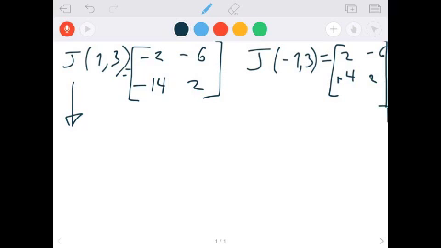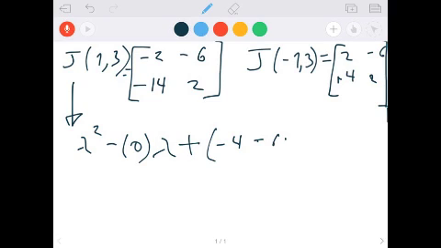You would just get lambda squared minus the trace of the matrix, which is just the diagonals added together. So minus 2 plus 2, that's 0 times lambda. Plus the determinant of the matrix, which is minus 4 minus 6 times 14, and that equals 0.